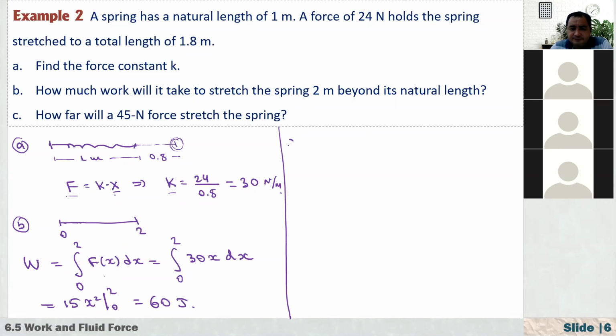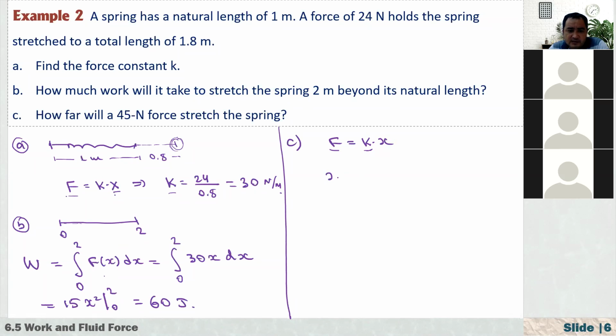Okay, question C. How far will a 45 newton force stretch the spring? We know the constant again. F is equal to K times X, they are related by this equation. The spring constant does not change, that's why it's constant here.